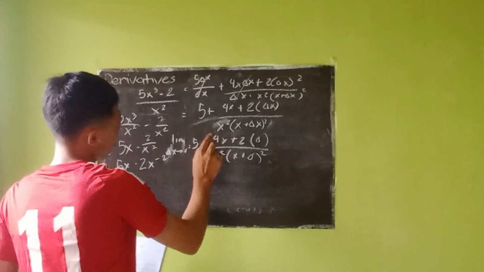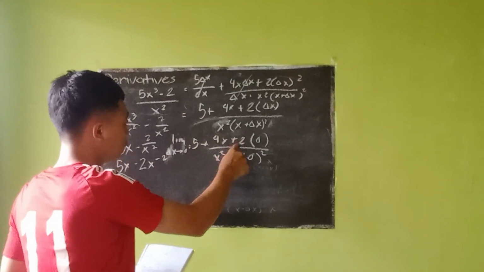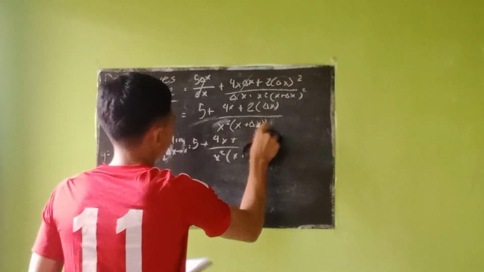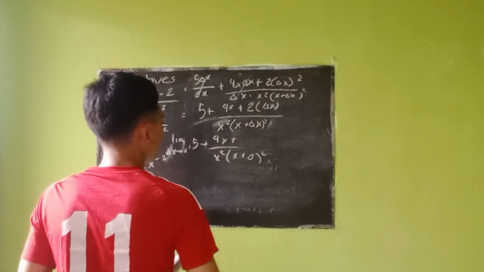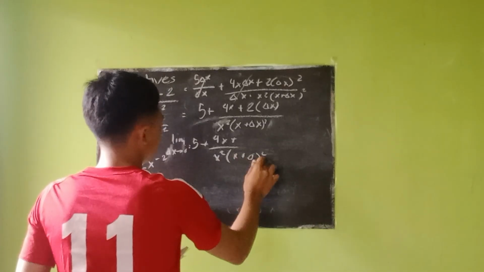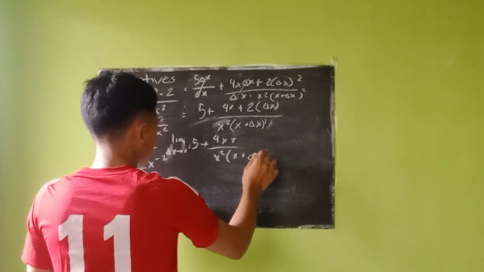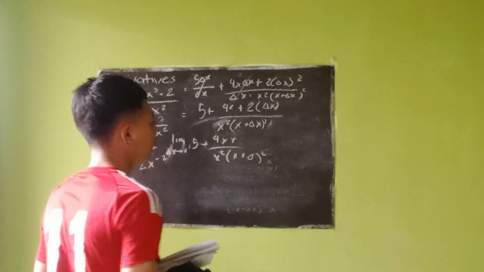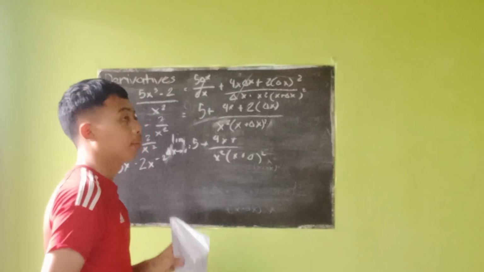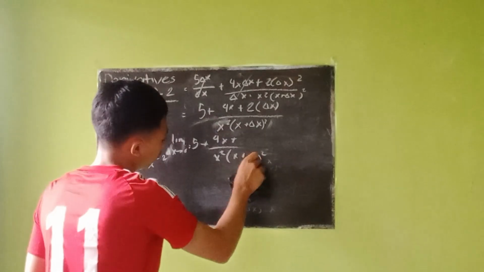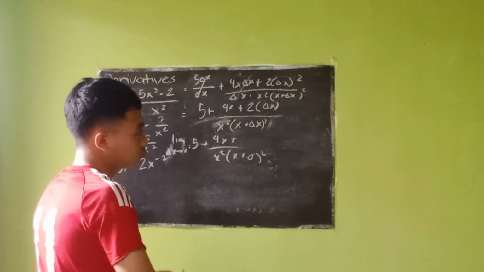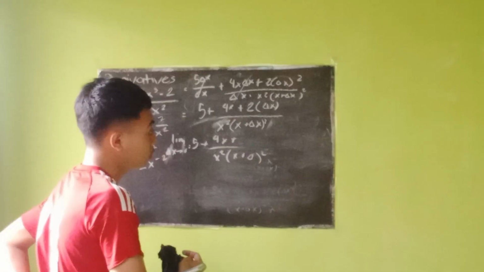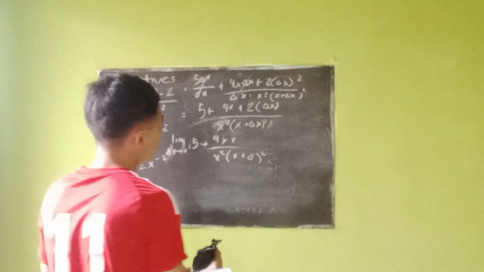Okay, so 2 times 0 is 0, which also removes that. This will be x squared, since when you multiply that by itself with 0, it won't have any value at all.